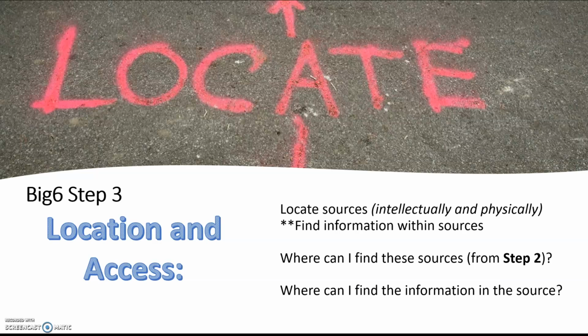And then where in the source are you going to find the information? Are you going to find it in a certain chapter? Is the whole book about it? Is there a whole website dedicated to that particular president? Or do you need to look for information about this president on a website that's about all different presidents?